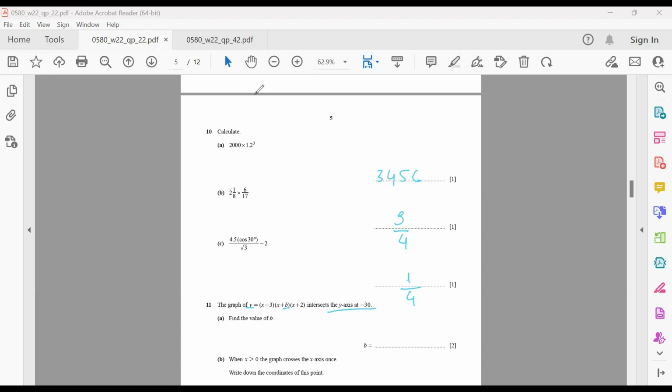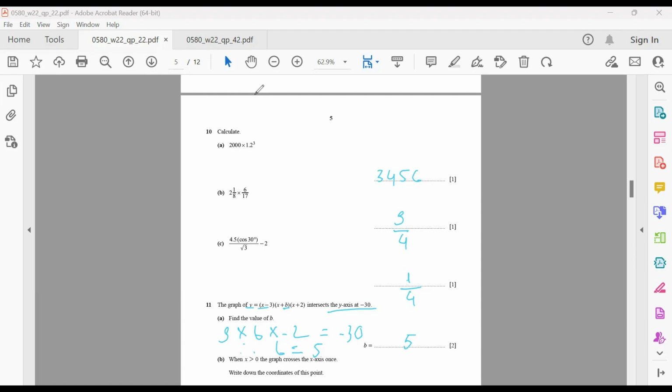So that means whenever we know the y-intercept, we know that all the constants inside the bracket, so that is 3 into b into minus 2 is equal to minus 30. Therefore, we can say that b is equal to 5. So therefore, b is equal to 5.